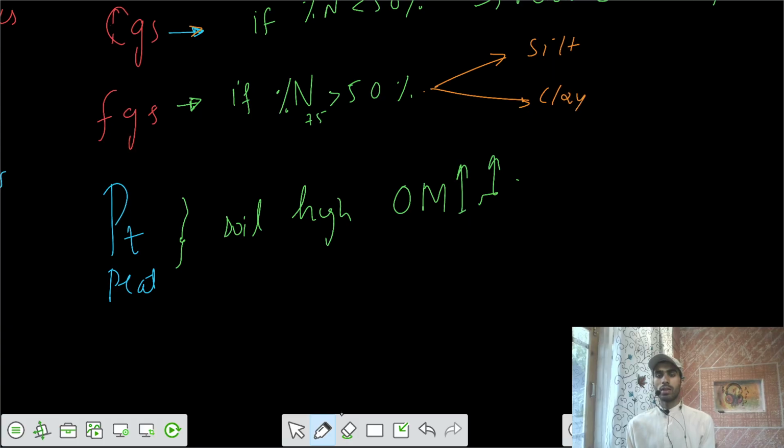We also say that it can be silt or it can be organic soil also. If the organic matter is very much, then we can say this is your peat soil. So if the organic content is less, we can keep it as organic soil. Here we have it in the fine grain soils.